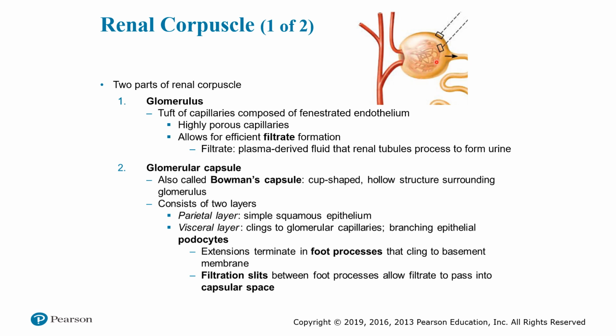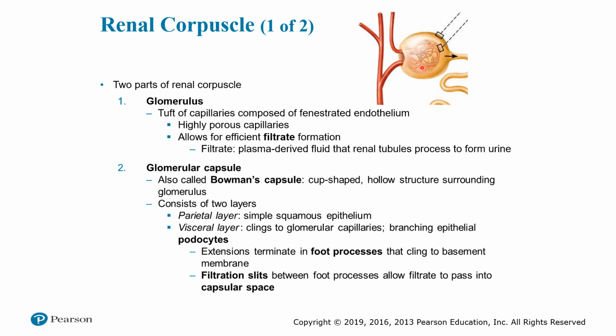And I want you to notice that this is the afferent arteriole, which is thicker in diameter, and this is the efferent arteriole, which is thinner in diameter. So this glomerulus lies between the afferent arteriole and the efferent arteriole. This is the special thing about this glomerulus.